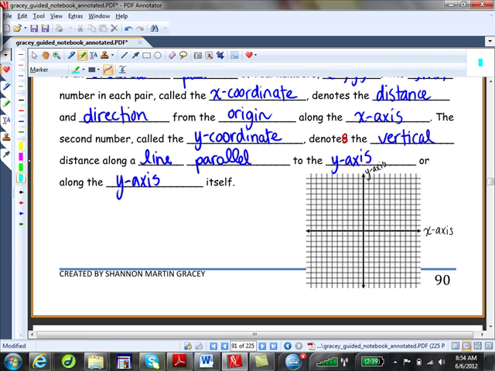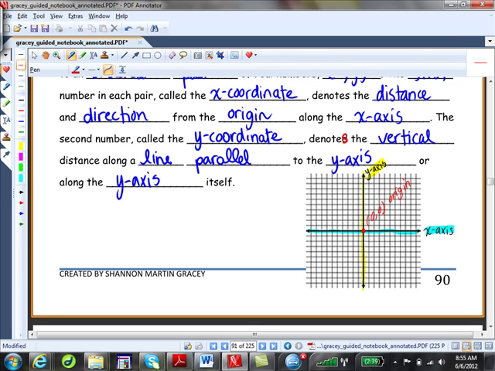The x-axis is this part. The y-axis is this line. Now the origin is right here. It's the ordered pair 0, 0, which is called the origin.